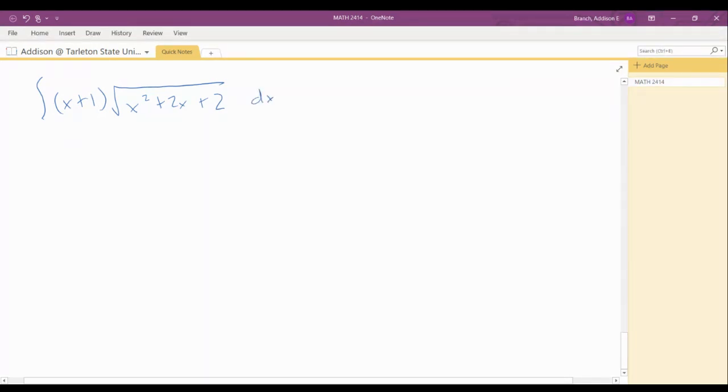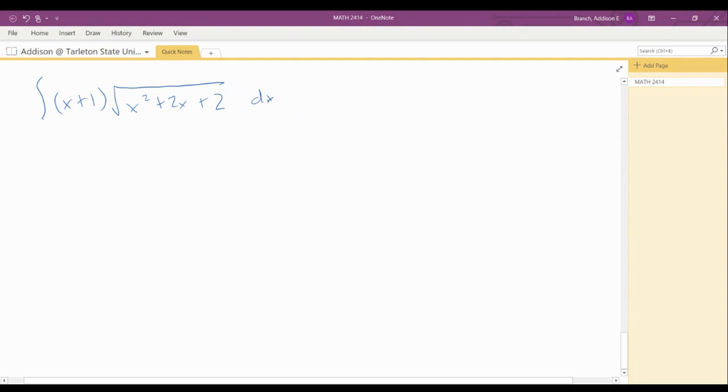Well, if we look at this, we can't really do a u sub because the derivative under our root, well, our u sub isn't quite obvious, but we could maybe do it.